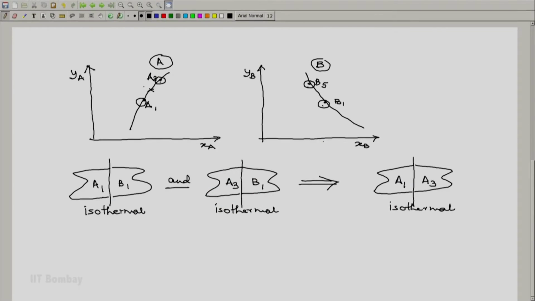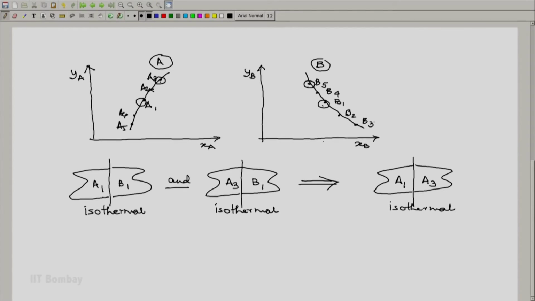Extending this argument further, say we had an A2 here, an A4 here, an A5 here, and here we had B4, B2 and B3.